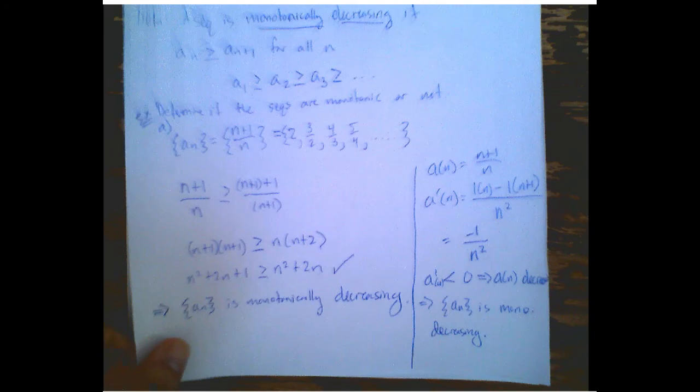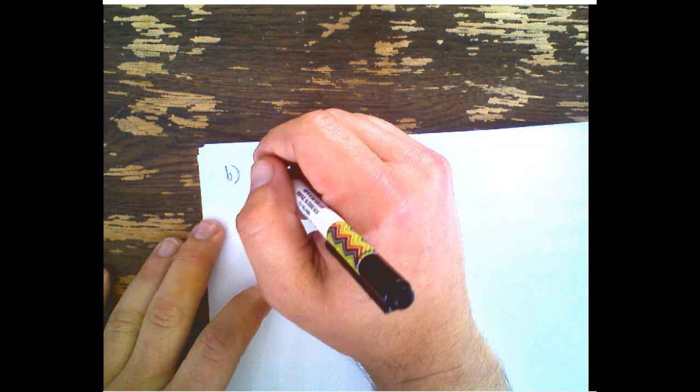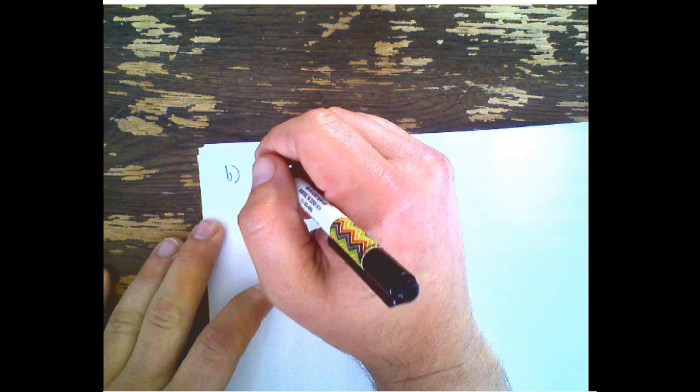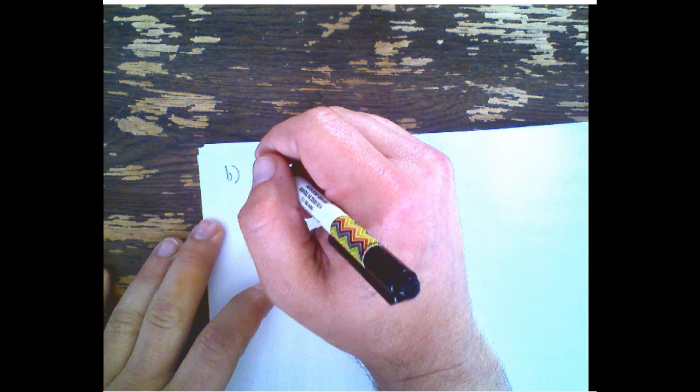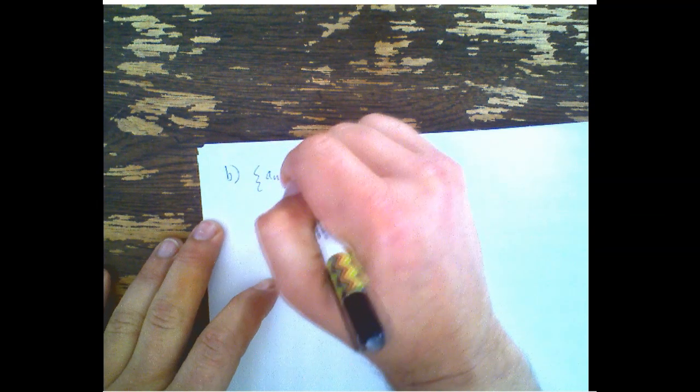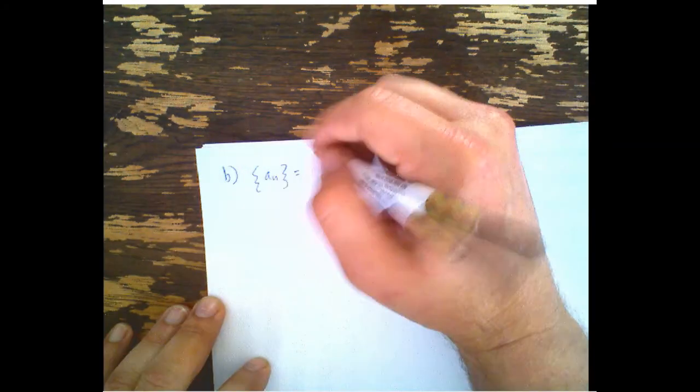Let's try one more of those. Same idea. Here we have a_n is n squared over n factorial.